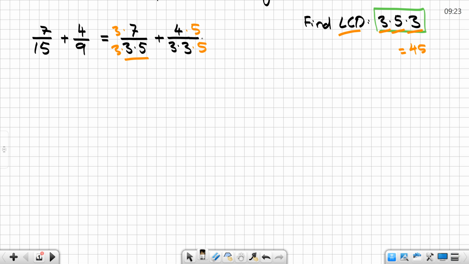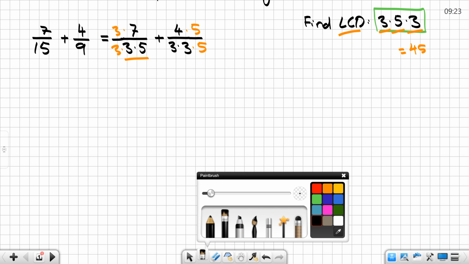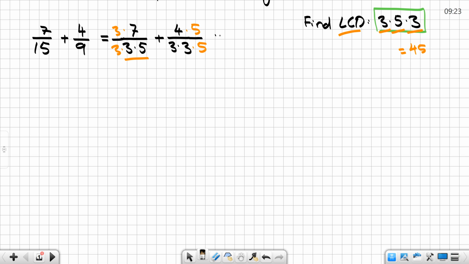Now, I didn't really change anything in the numbers because we know that common factors could be cancelled out. But when I look now at my denominators, they have 3 times 3 times 5 as a denominator. Now I can multiply this out. 3 times 7, that is 21. And now I can multiply this out. This is 45.